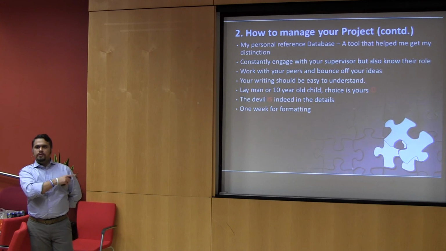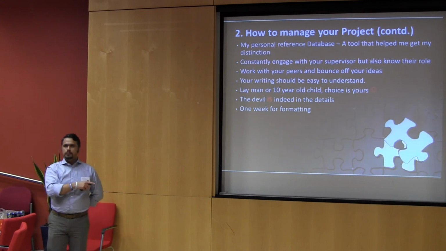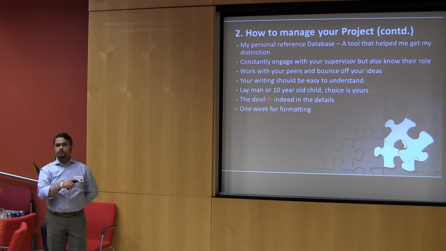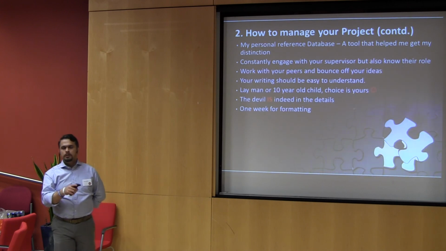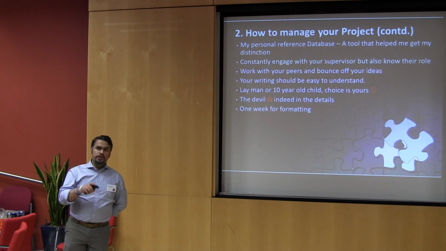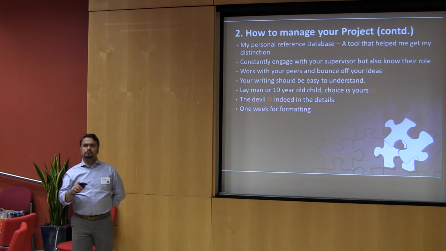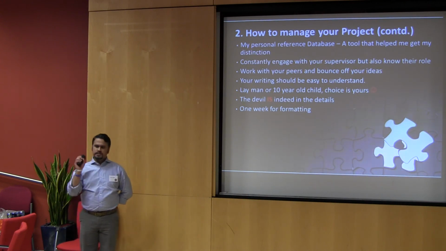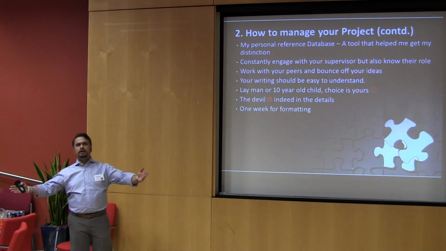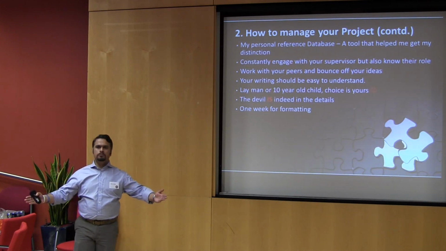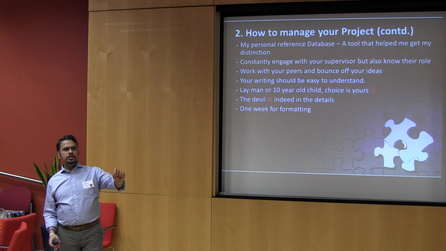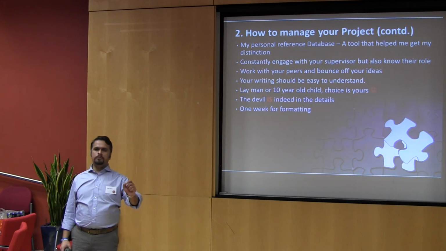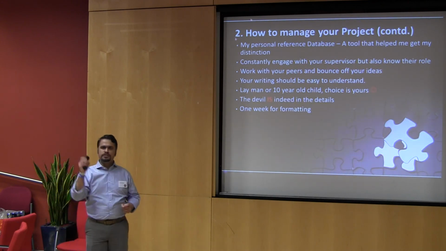In the last week of my submission, 2 days before the submission date, I submitted 2 days before. I spent 1 week on formatting alone. Simple formatting, nothing else. Because for a simple change, we are talking about a 80-90 page document. Any change anywhere in the beginning of the document means that you have to change every single thing.